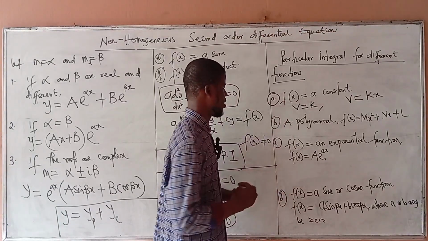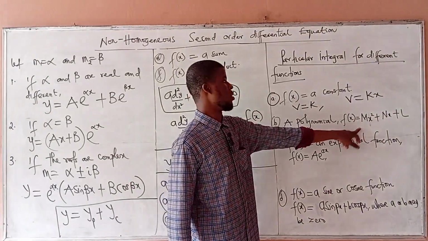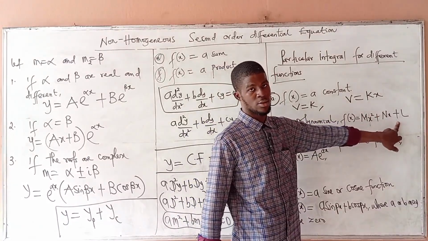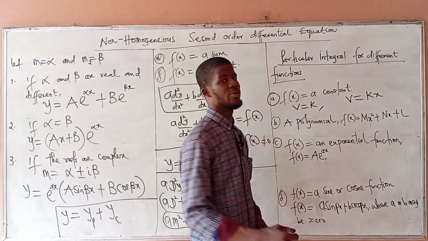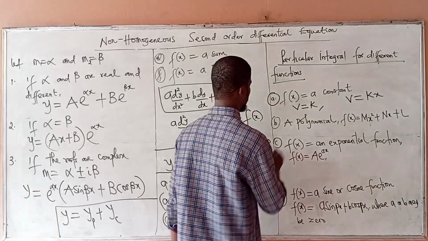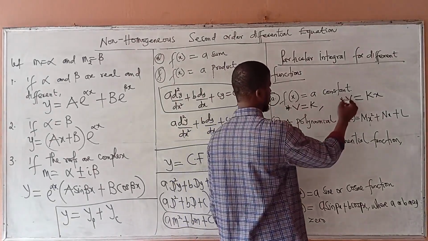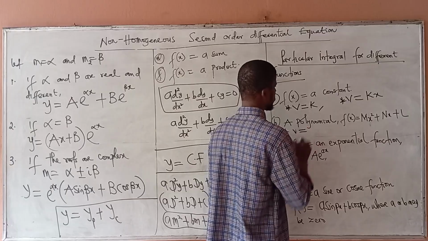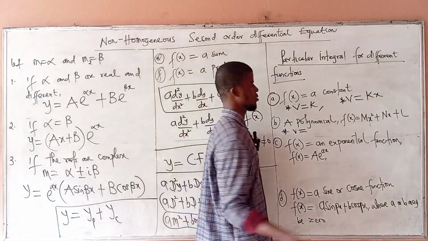If f of x is a polynomial, mx squared plus nx plus l, a polynomial in terms of x, this is what the particular integral will be. V, this is for the first case, and now I will choose a new polynomial.